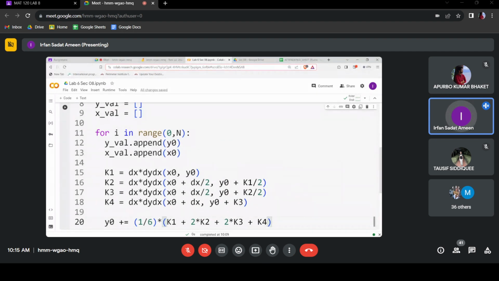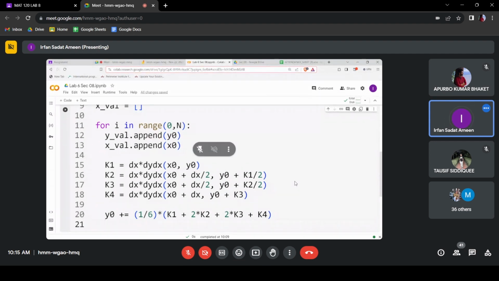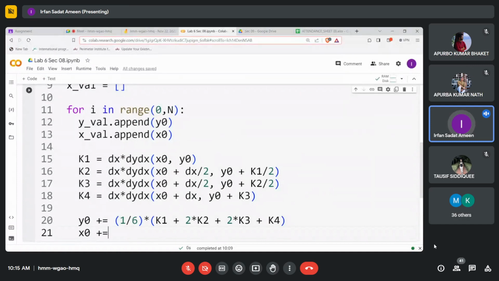So y will be updated using this formula. Then we will update x, plus equals dx.